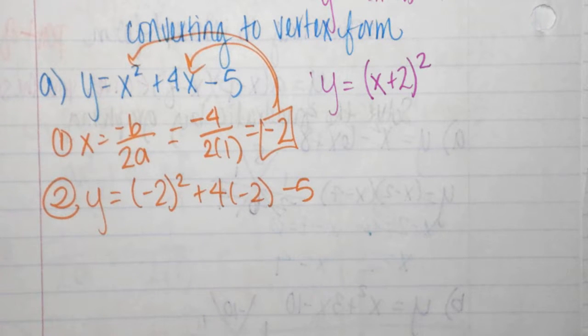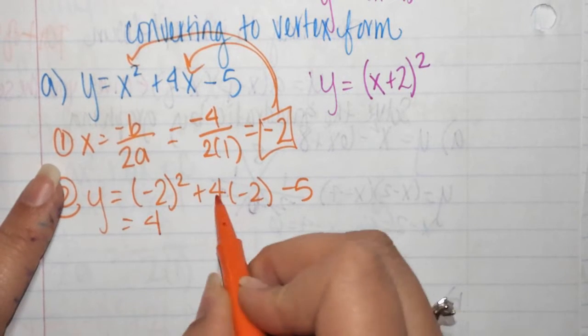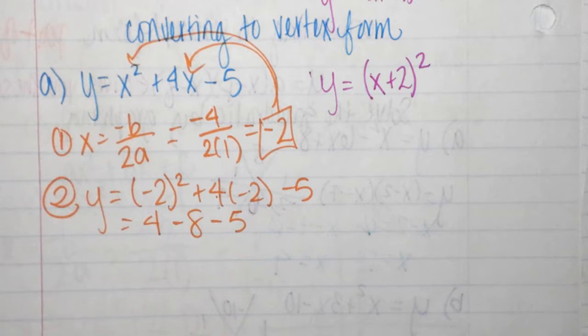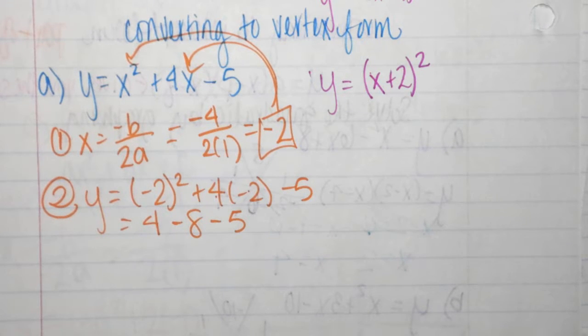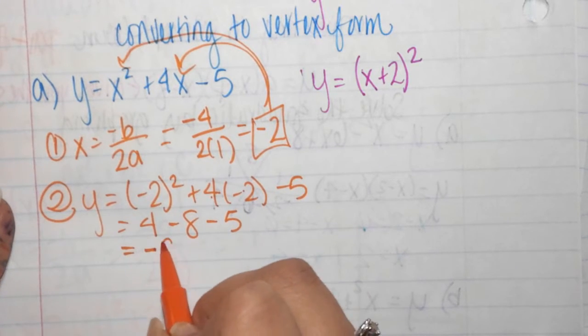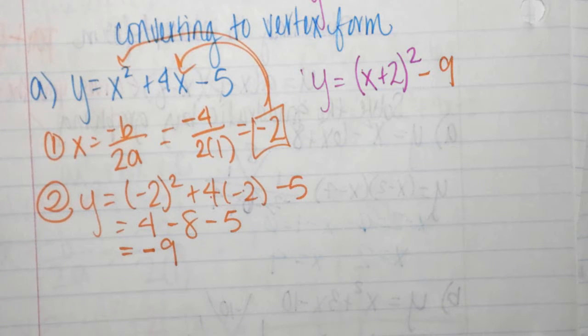Is everybody with me? Yes. Alright, -2 squared gives us 4. 4 times -2 gives us -8, minus 5. So it wouldn't be plus -8. It'll be -8. Correct. So then 4 minus 8 is -4. -4 minus 5 is -9. So it's just -9 right there.